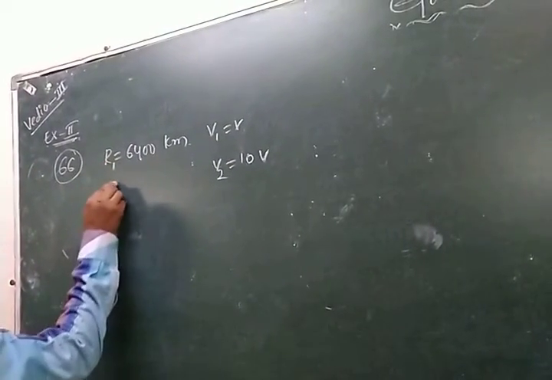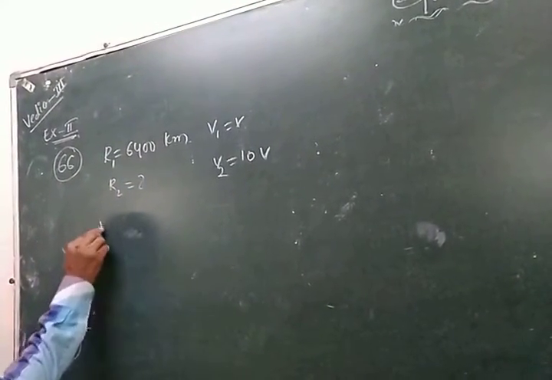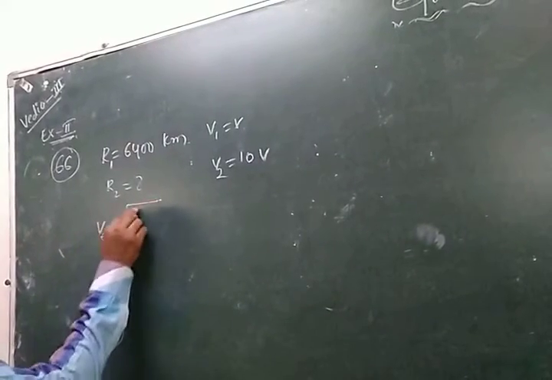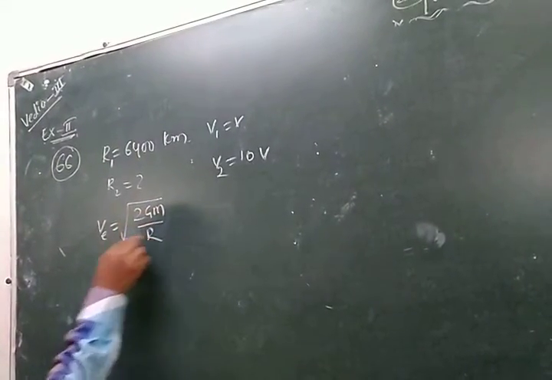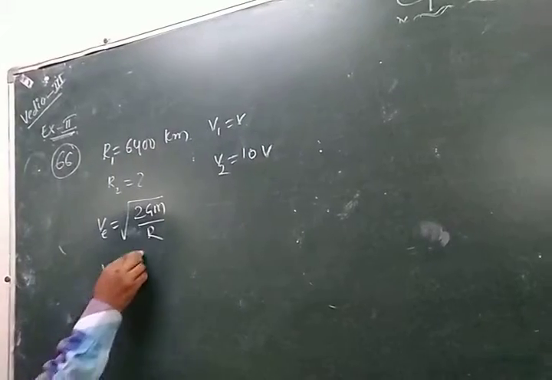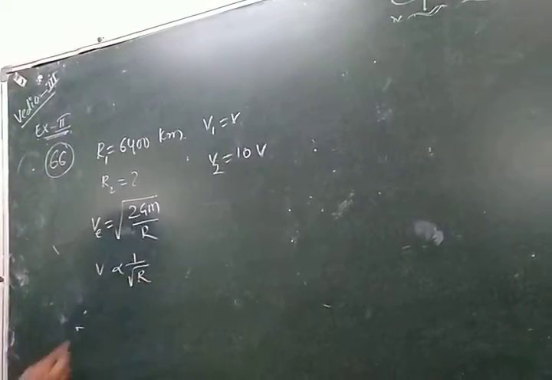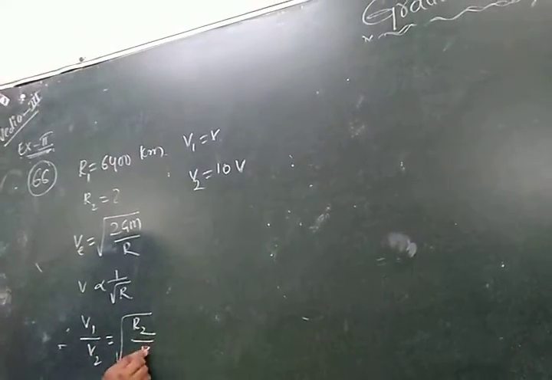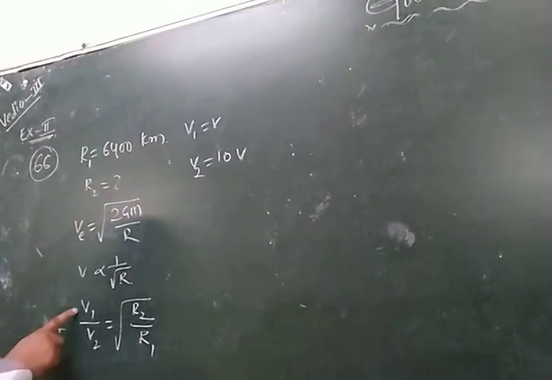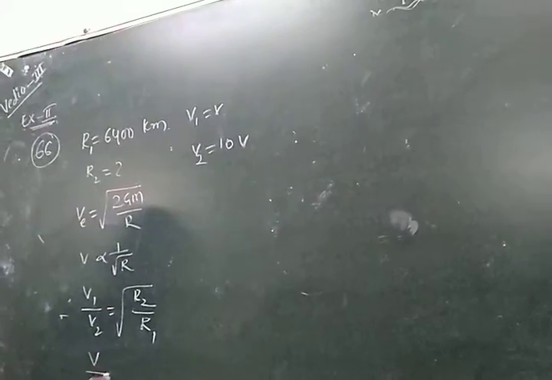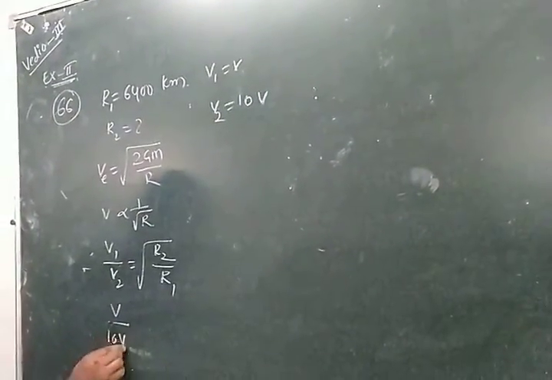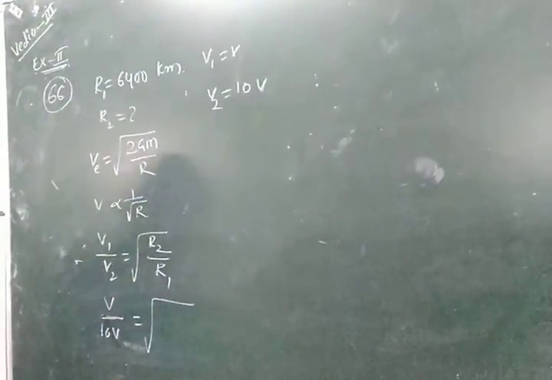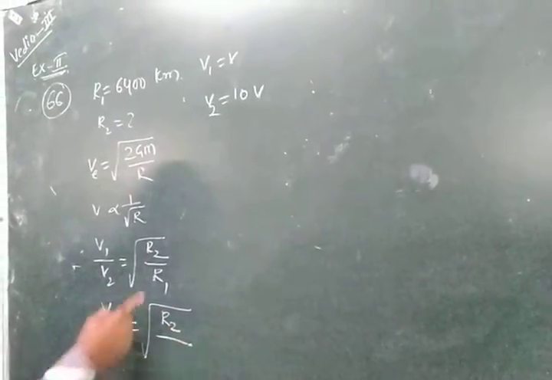Then find its radius. We know that the escape velocity V is equal to the root of 2GM by R, so the escape velocity is inversely proportional to the square root of the radius. V1 by V2 is equal to the square root of R2 by R1. Here V1 is V and V2 is 10V, equal to the square root of R2 by R1.